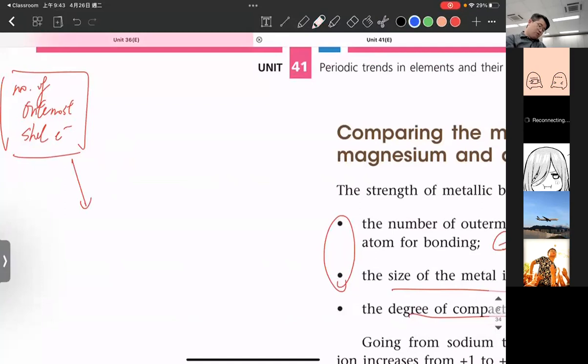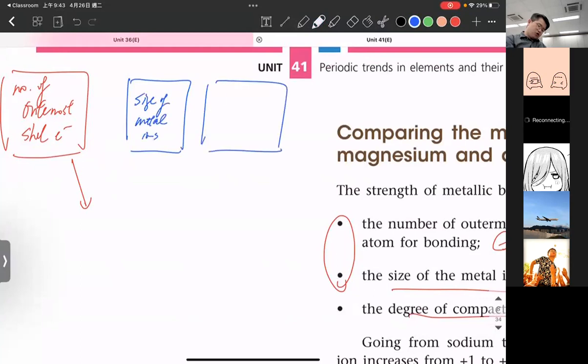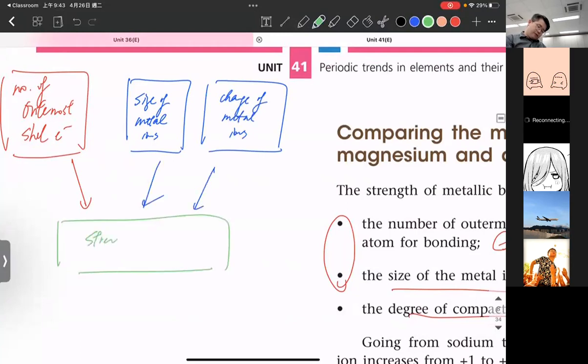It's something negative, while something positive is the size of metal cations and the charge of metal ions. They would affect the strength of metallic bond.